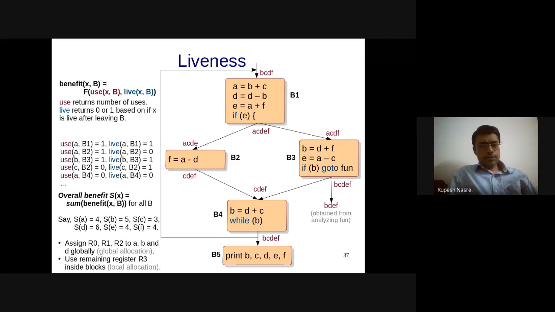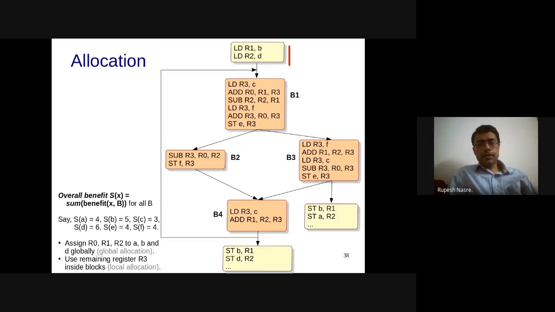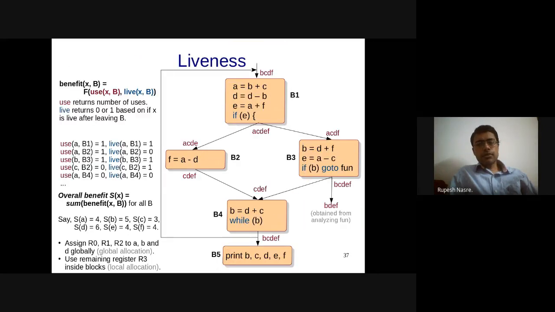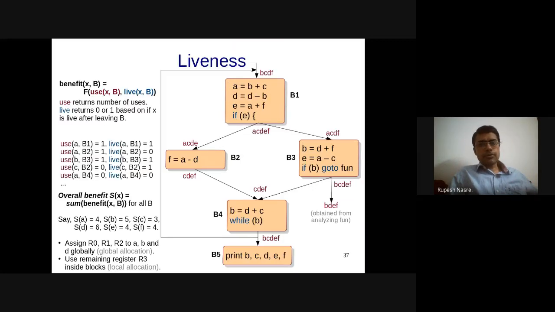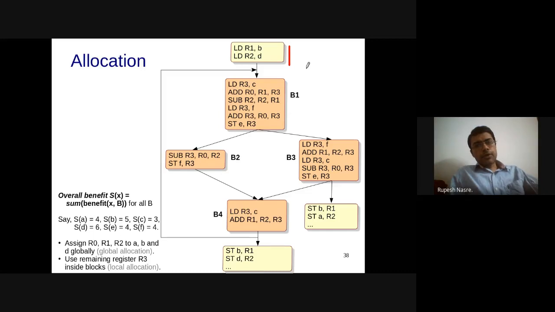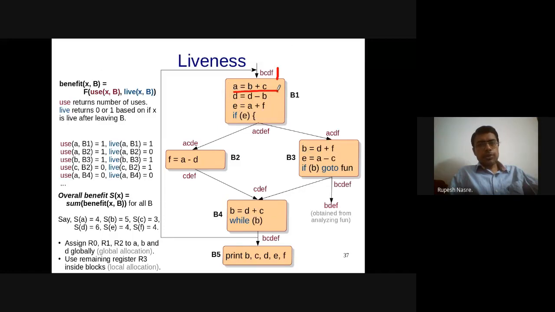We said R0 should contain A. But A was not live at the start of the basic block, and therefore we decided not to worry about A at this stage because A is anyway going to get loaded because of this instruction as A equal to B plus C. Right.